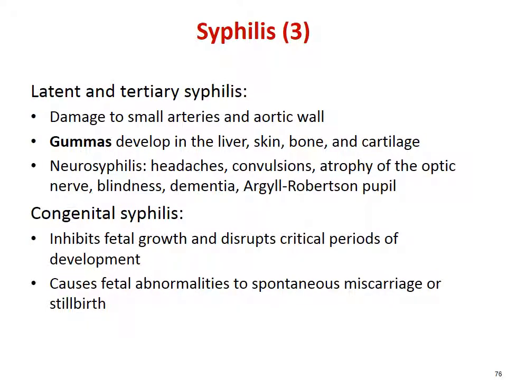But whenever things get really bad is whenever we hit latent or tertiary syphilis, which then allows for invasion of important organs, like damage to the heart or even brain, so neurosyphilis, or even damage that occurs to cartilage or the liver or skin. So again, tertiary or latent syphilis is that real bad stuff.